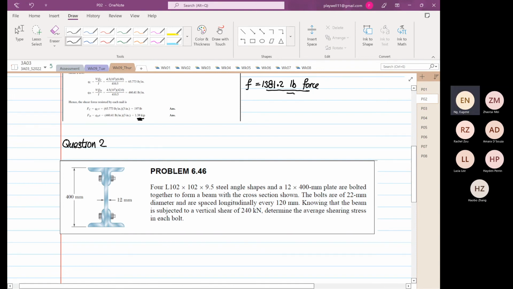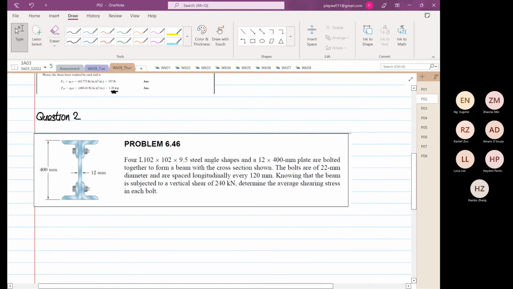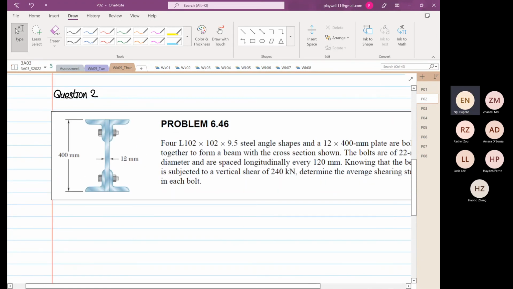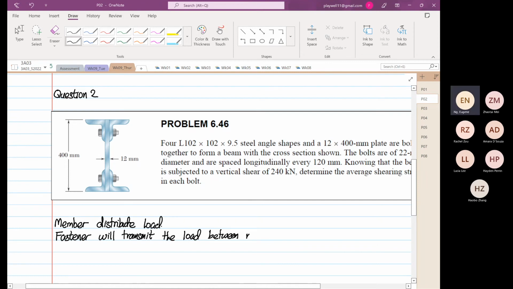So if you look at this question, again, the concept is: members distribute load, and fasteners will transmit the load between members.